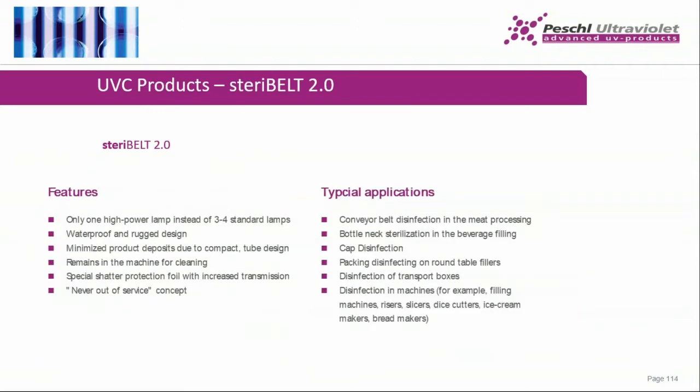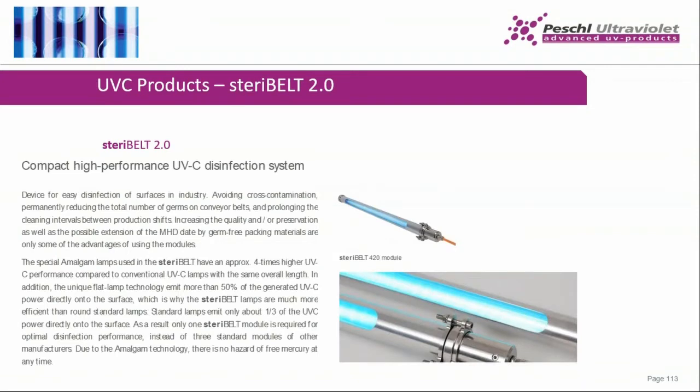The feature of the Steribelt unit to explain is that it has only one high power lamp instead of 3 or 4 lamps. So this is a part of our product. I go back shortly. You see, we have only the small lamp and we have a metal part outside. On the inner side, there is a special flat lamp with a high power.